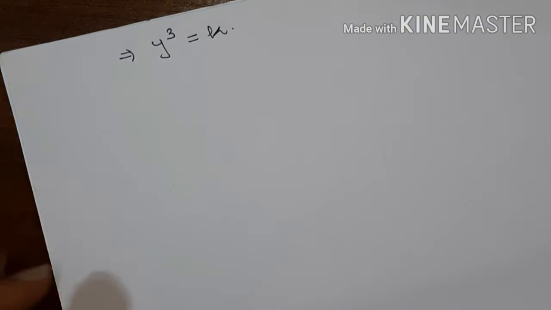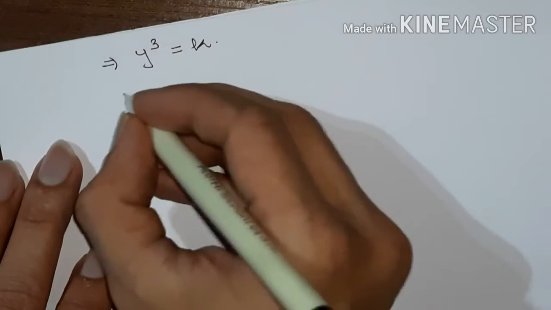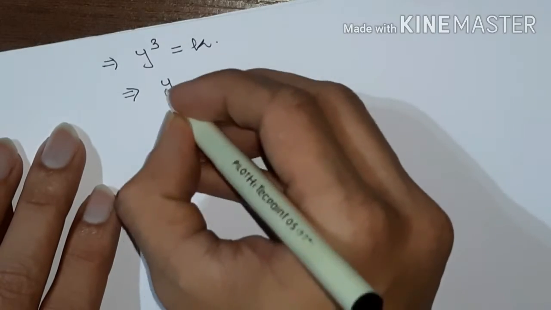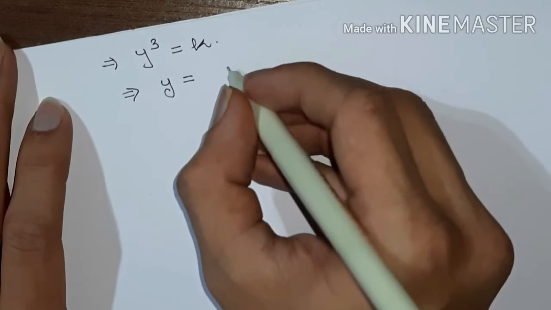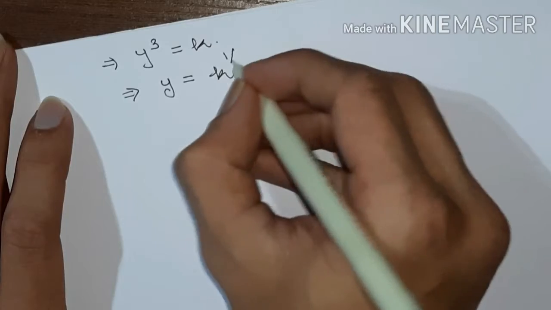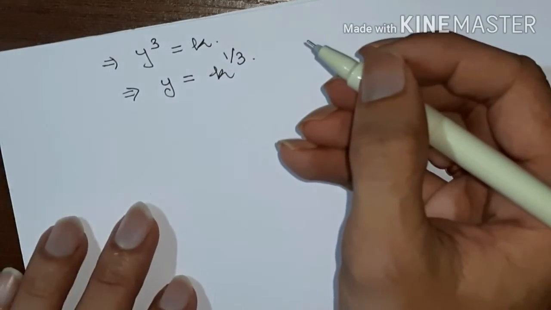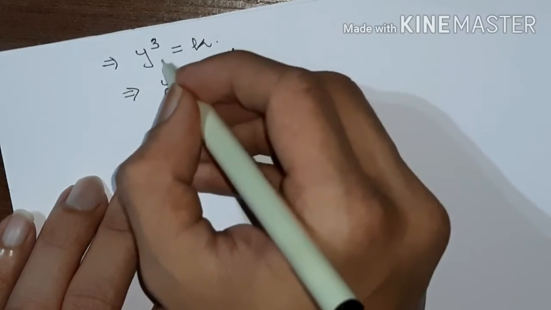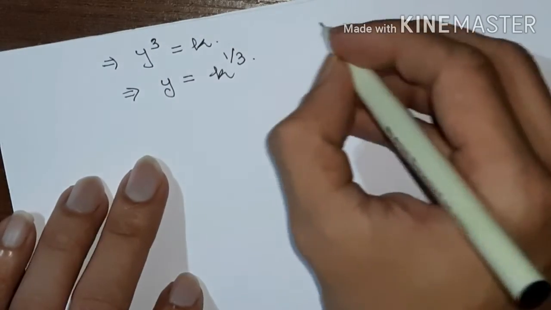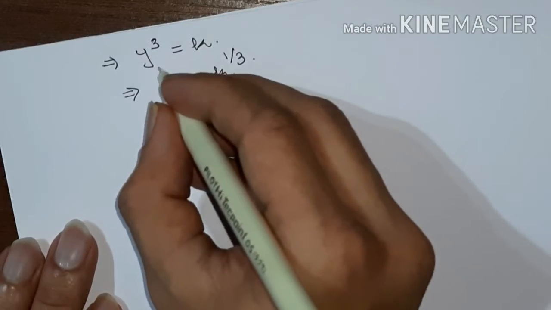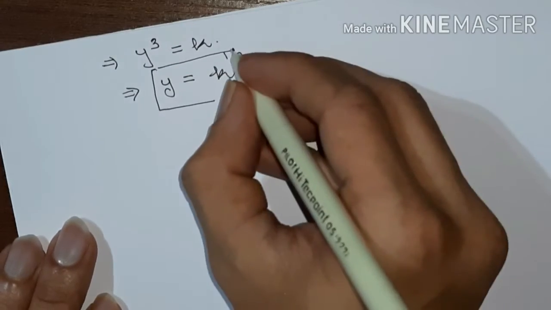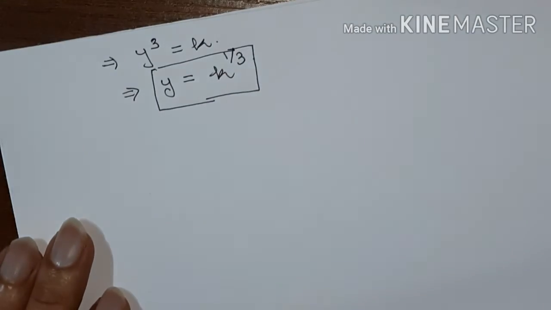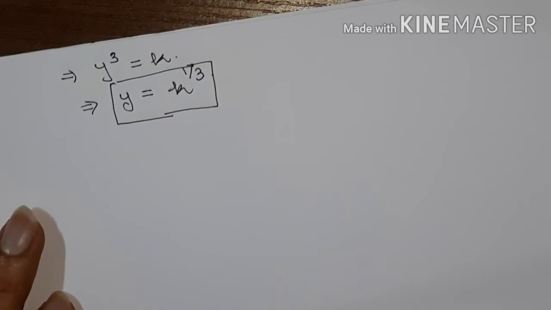So that means what? If we take cube root on both sides, this is what you'll get. Y is equal to k raised to 1 by 3.